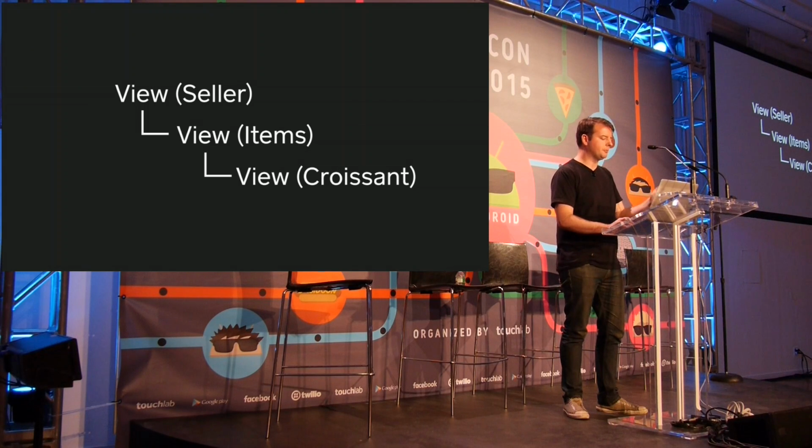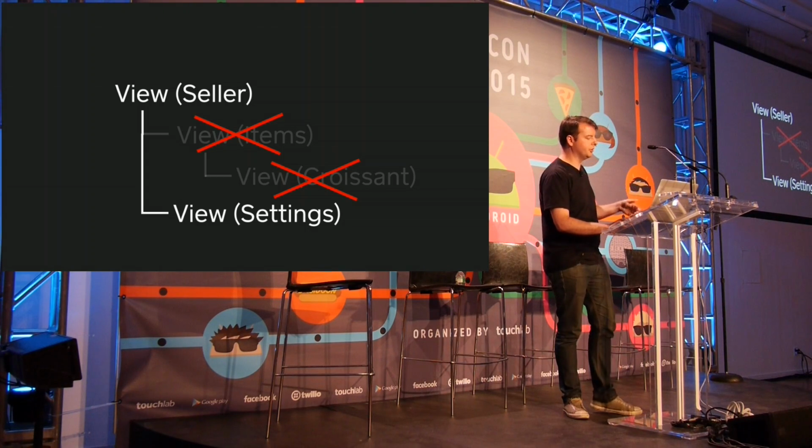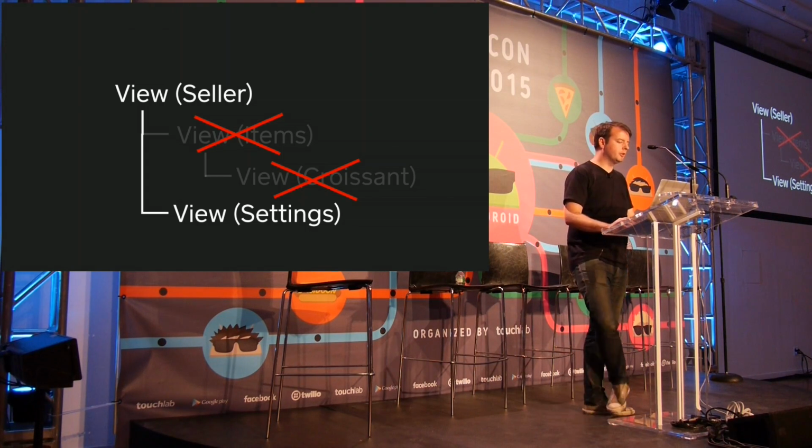We have a croissant screen view wrapped around a croissant context. If we want to go to settings instead of a croissant, we need to tear down a couple of layers of hierarchy, because now we don't care about our items at all, right? We just want to see our settings. So the seller container knows how to do that. It knows how to switch between items and settings.